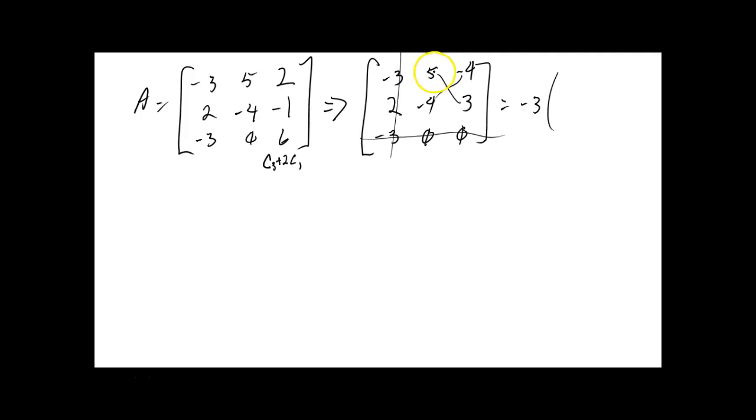Okay. This is a 15 minus a 16. Yeah. And what does that be? -1. And what's -3 times -1? 3. There's your determinant. Okay?